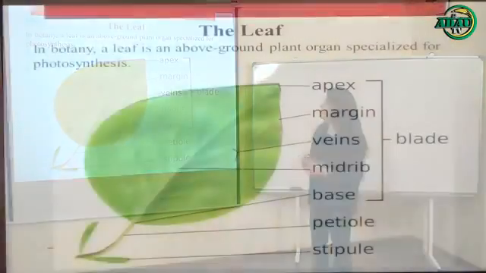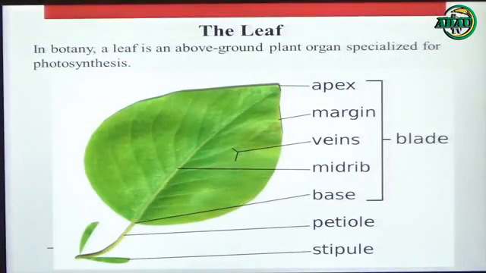And now the leaf. What is the leaf and what function does it provide? In botany, a leaf is an aboveground plant organ specialized for photosynthesis, and the leaf is the most variable plant organ.